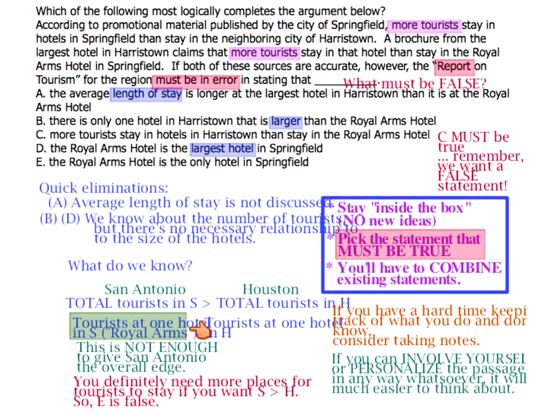But this is a smaller hotel. So if the city as a whole has more tourists, that means there must be other ones too. If you were limited to the Royal Arms, then this hotel in Houston alone would already beat it. So there you go.